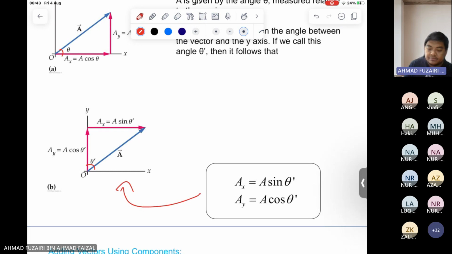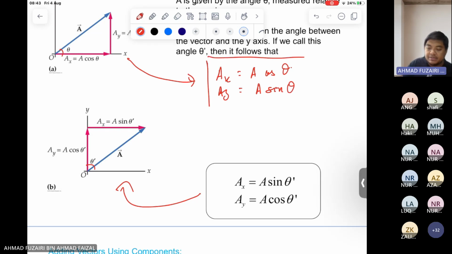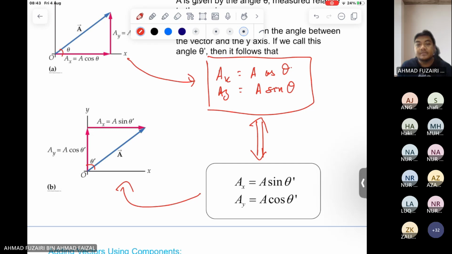Kalau yang ni dia akan jadi ax equals to a cos theta, ay equals to a sin theta. Nampak macam sama tapi dua benda yang berlainan. Sebab apa? Sebab situasi theta tu tidak sama. Nampak? Saya buat macam ni tak sama.